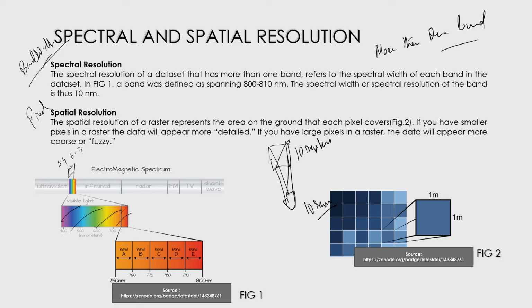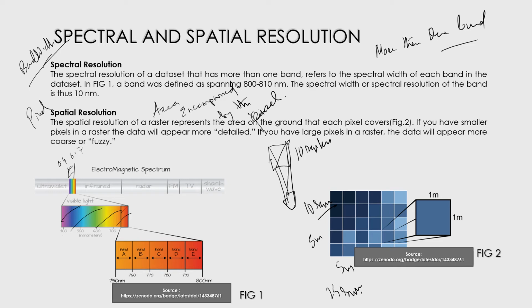Another one is the area encompassed by the pixel. The more the area per pixel, the lesser the number of pixels within a specific area. Suppose the image area is 5 meters by 5 meters, so around 25 square meters, of which 1 meter by 1 meter is captured by one pixel.